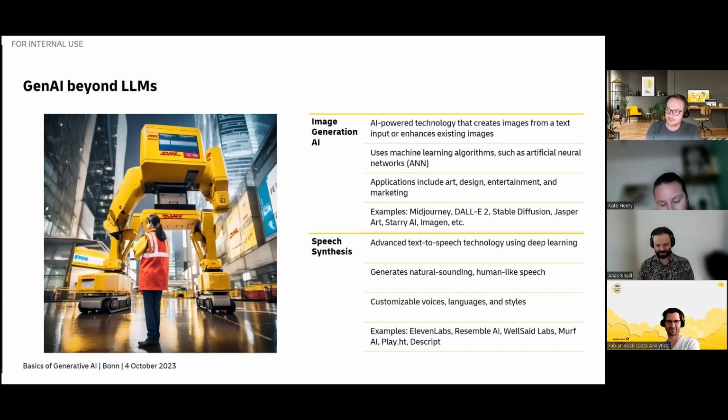And it's pretty impressive already, and I think they're still improving in that regard. And down here some examples: 11 Labs, I think, is the current state-of-the-art model, but Resemble and so on, they're also pretty good.